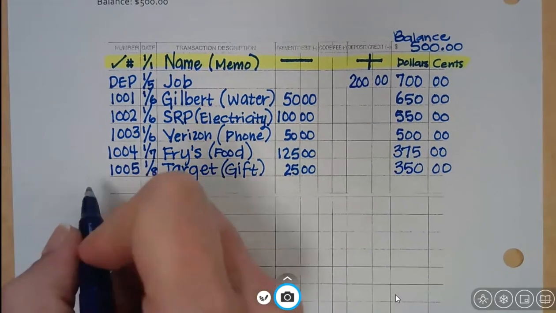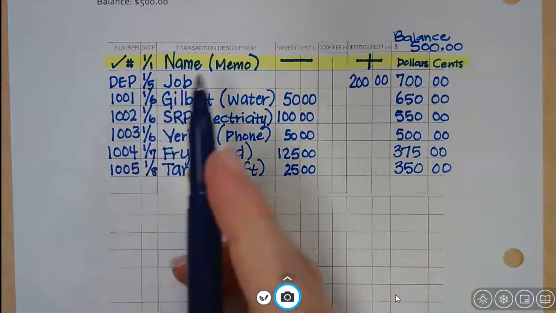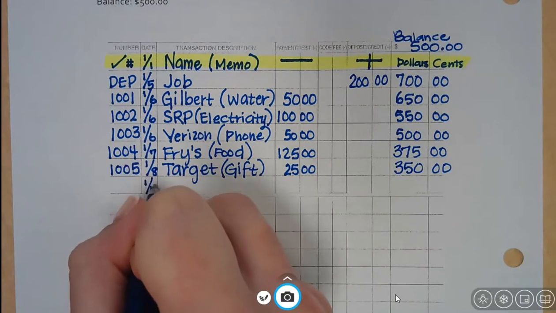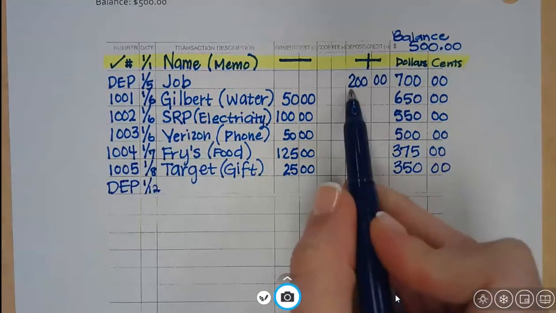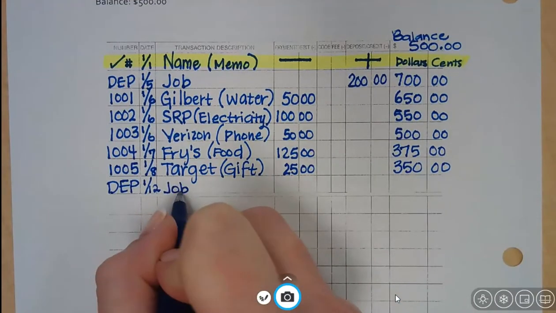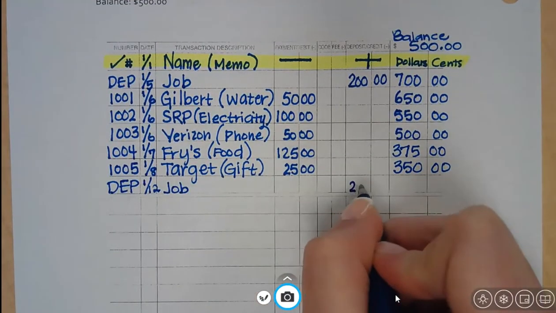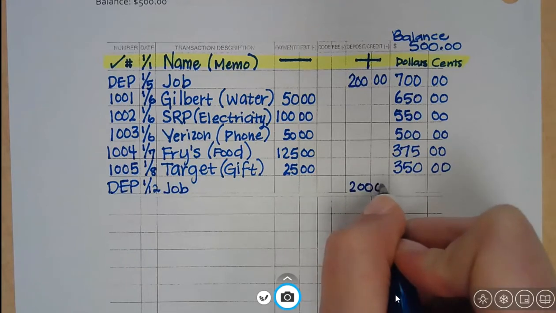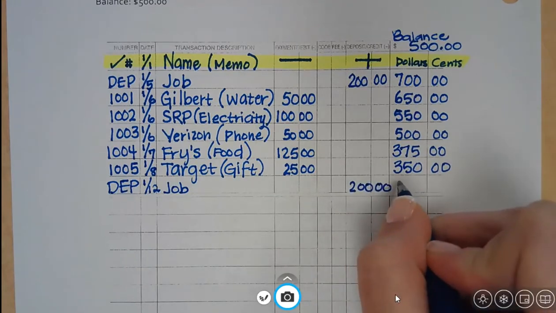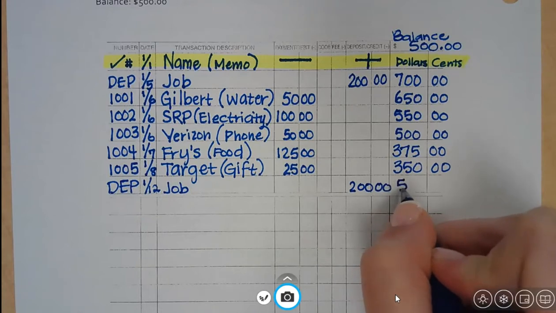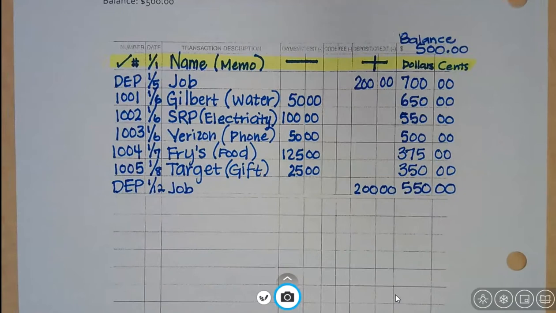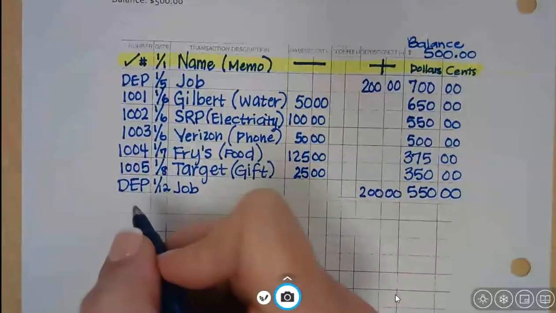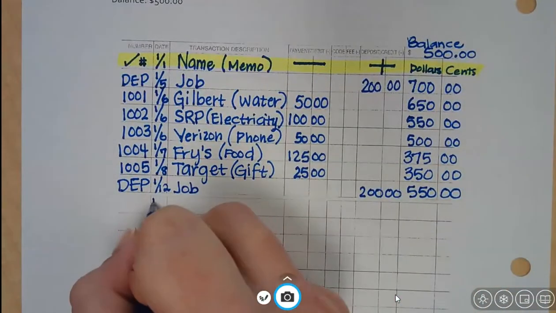Okay. Fortunately, I get paid every week. So on January 12th, I have another deposit of $200. So if I add 200 to 350, I end up with $550. And since I just got paid, I decided I want to go to a movie with my friends.